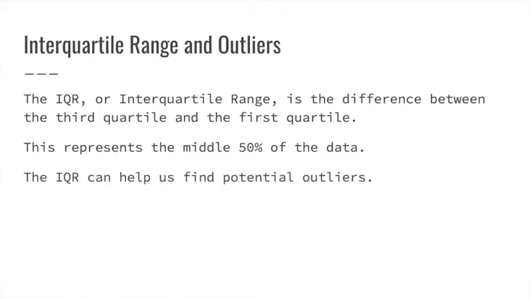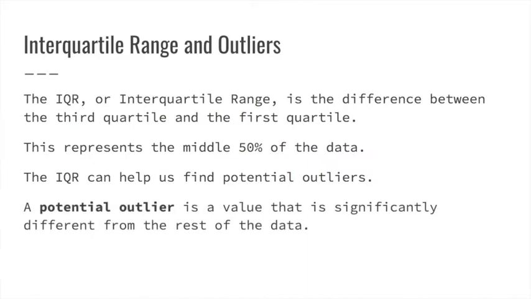To find an outlier, we multiply this interquartile range by 1.5, and then look to see if any values are 1.5 times the IQR less than Q1, or 1.5 times the IQR higher than Q3. If a value exceeds those boundaries, we consider it a potential outlier, and then we'll make a decision about what to do about that potential outlier in the future.